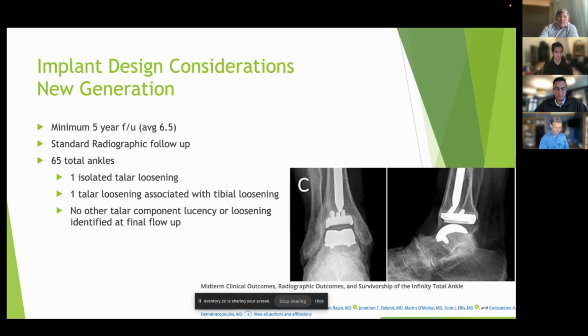Only one with loosening of the isolated talus and one with combined loosening. No other implants at the final follow-up had loosening. So obviously the sharp decrease in the loosening rates is positive and something that gives us a lot of hope going forward with regard to outcomes, and hopefully this holds for longevity of these fourth generation implants.